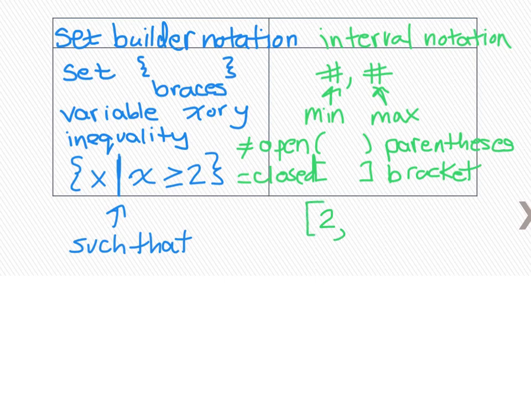And this is non-terminating, so it's going all the way up to positive infinity as my maximum. And infinity is not a number that you can touch. It just keeps growing. And so we would indicate that as open because you can't actually terminate at infinity. So this would be our min, and that's our max.